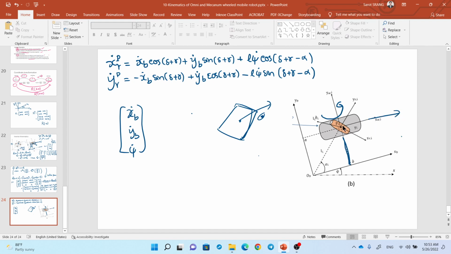But because the roller can rotate freely with respect to this axis, there is no force that can push the robot in this direction. There is only force that pushes the robot in this direction, right?